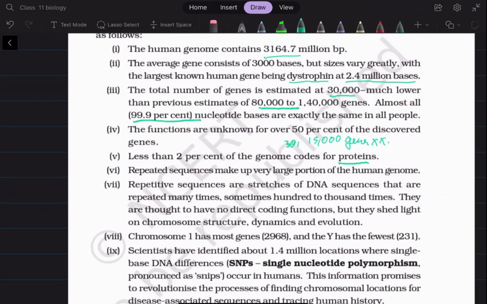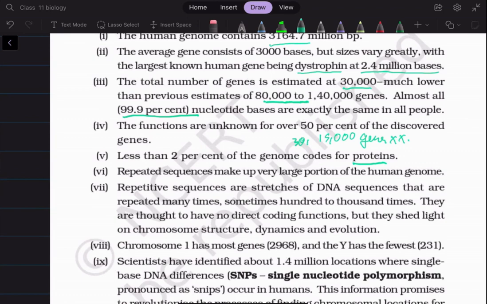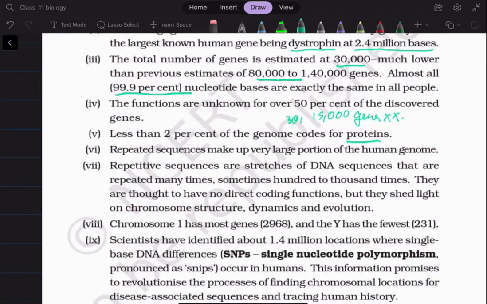Sixth point is that they have noticed a number of repeated sequences in the human genome, and they make up the largest portion of the human genome.